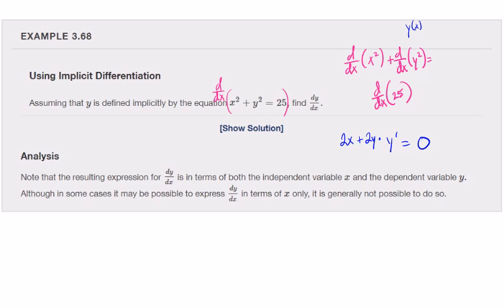Now if I want to find dy dx, I can just solve for y prime. I'm going to subtract 2x from both sides, and we'll get 2y times y prime equals negative 2x. Write that down here.